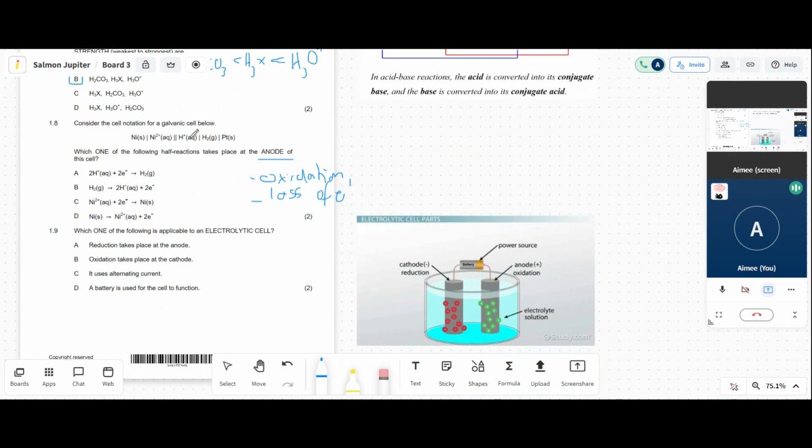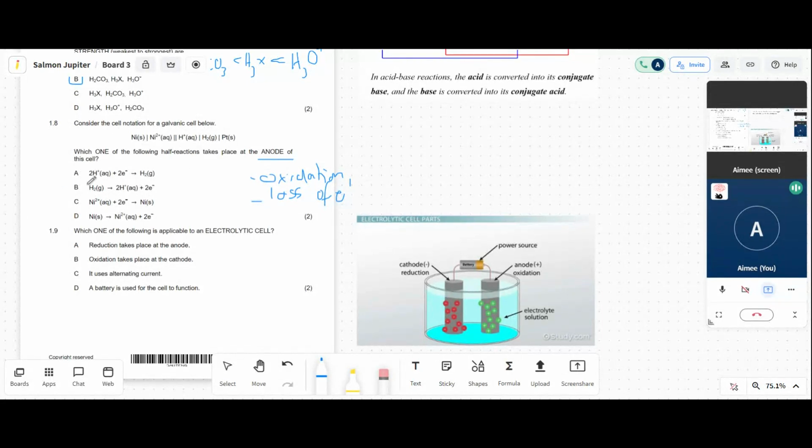On the other side over here, we have an H positive ion becoming neutral, which means in order for it to move from positive to neutral, it has to gain some kind of electron, some kind of negative charge. So it's definitely not the H. We're definitely not focusing on H here because H is undergoing reduction. It is gaining electrons. It's becoming more negative. It's losing positive charge and becoming neutral. So it means that nickel has to be the answer.